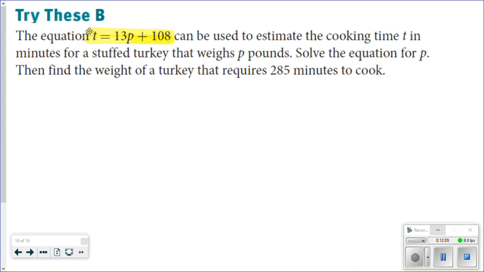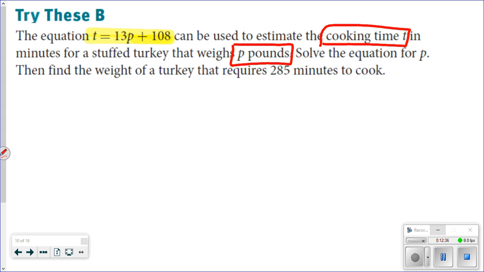This equation can be used to estimate the cooking time t. So t stands for cooking time in minutes. So not seconds, not hours, minutes, for a stuffed turkey. Ooh, we should be doing this problem around Thanksgiving. That weighs p pounds. So p stands for pounds or weight.